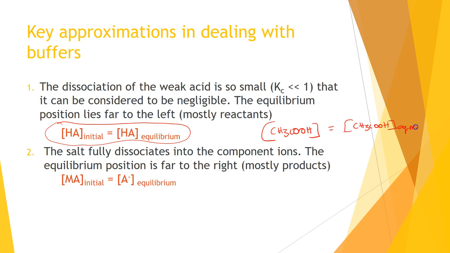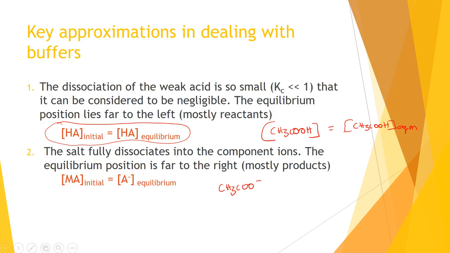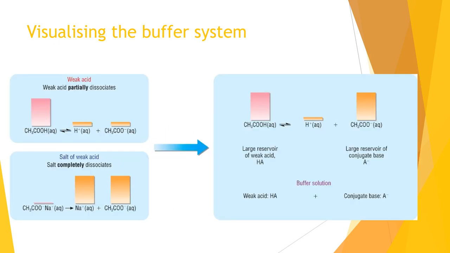So we're saying that because there is so little, that the equilibrium position sits so far to the left, that we can make this assumption. The other assumption that we make is that the salt fully dissociates into ions. Okay, that is, that for the salt, we are dealing with CH3COO minus rather than the acid form. Okay, so these are two assumptions that we make.